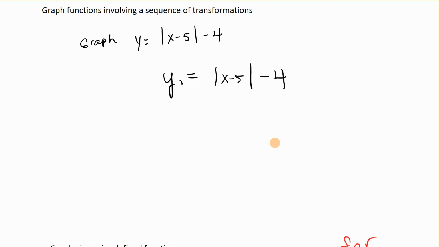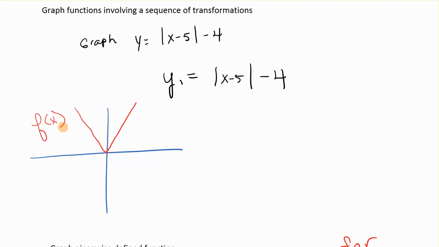It doesn't have to be anything you actually even recognize, you might be given a picture of the graph and asked, what is this one going to look like? In other words, here's f of x, how is this thing going to look if this is our original?